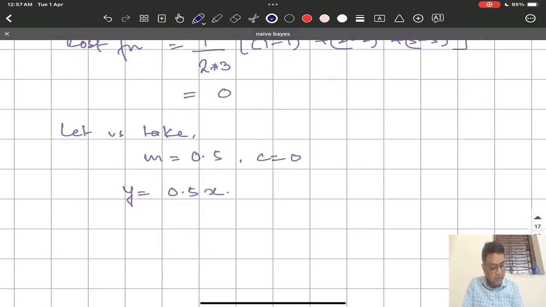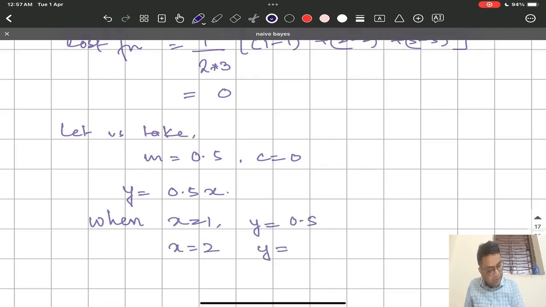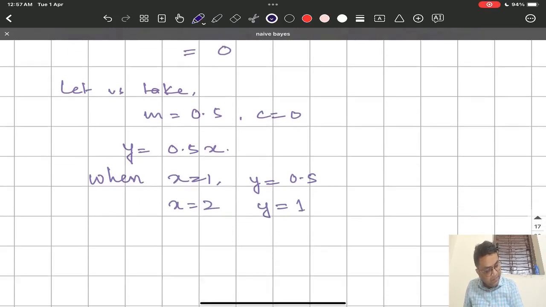Now when x equal to 1, y equal to 0.5. When x equal to 2, y equal to 1. When x equal to 3, y equal to how much? 0.5 into 3 is 1.5. It's going on like this.